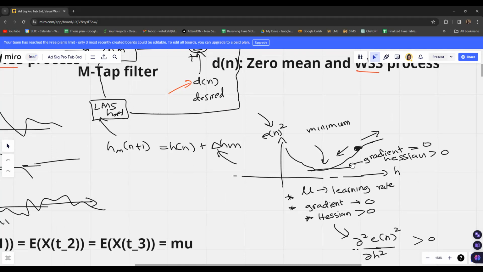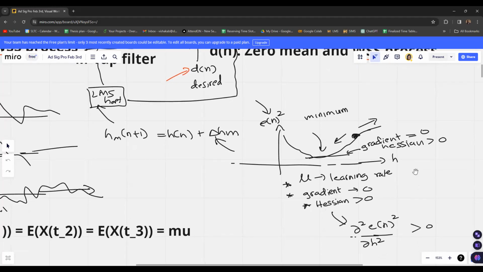Once we select a filter coefficient value which reduces the error, we can call that a better filter coefficient value. So we need to try to reduce the error as much as possible. The target is to reach this minimum point in the function.